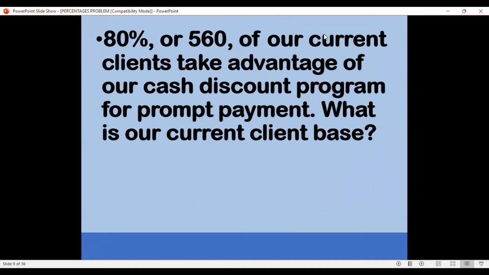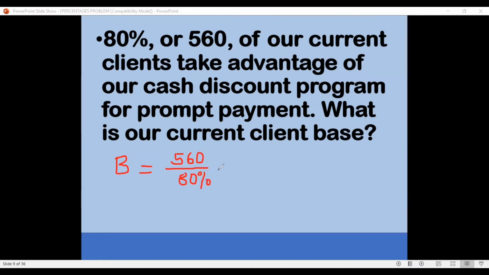Okay, so how are we going to figure out the base? Again, you will be dividing the percentage, which in this problem is 560, by 80%.